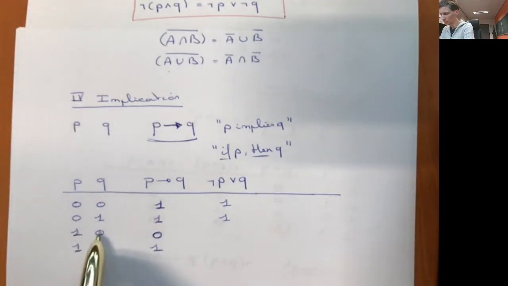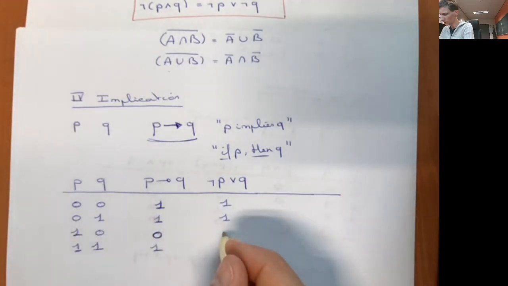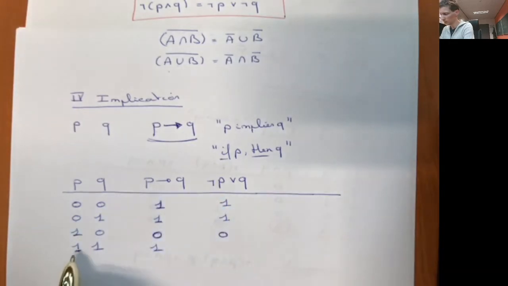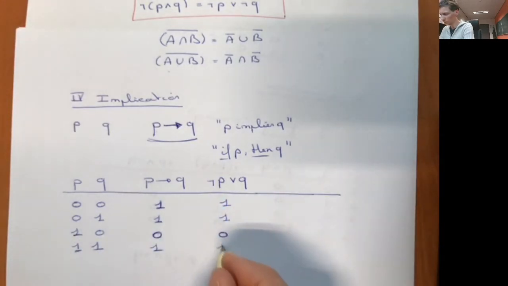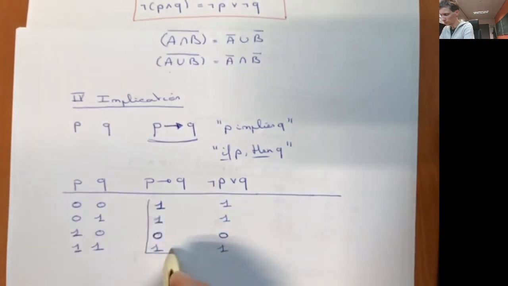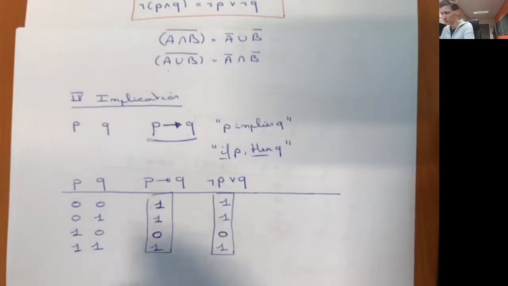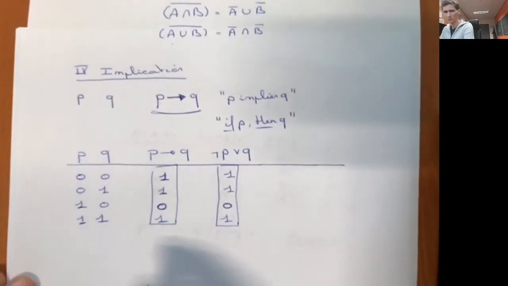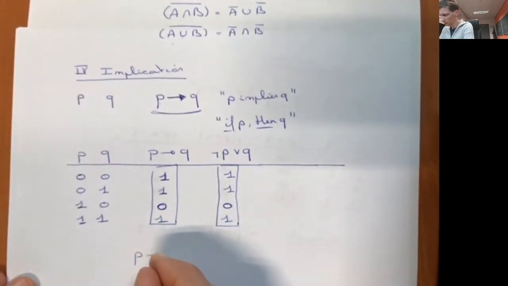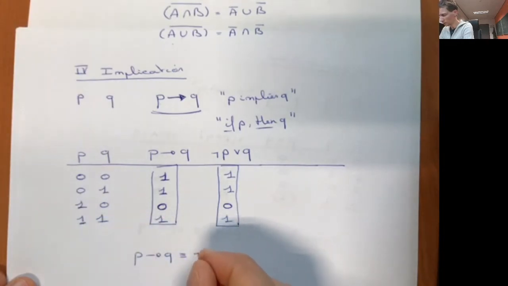Here we have 0 and a 0. So we have 0, right, with an OR. And here we have a 0 and a 1. So we have 1. So these two columns are the same. So we have an equivalence in the formula that P implies Q is the same as stating not P or Q.